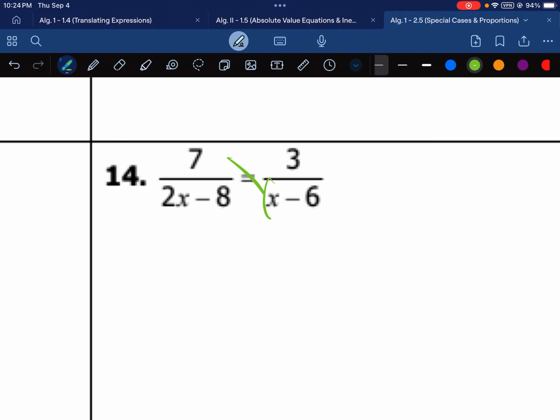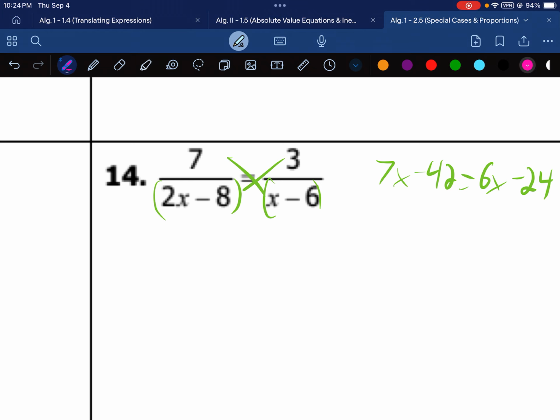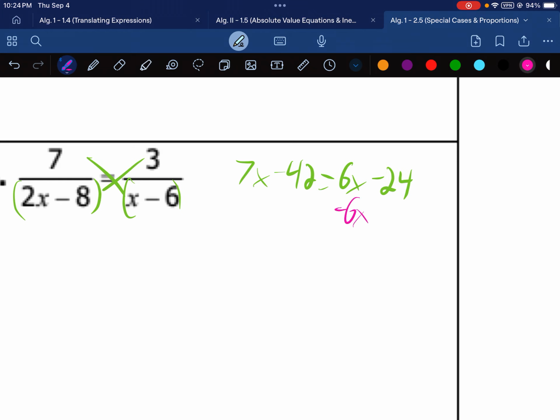Number 14, diagonally 7 times x minus 6 is 7x minus 42. The other diagonal gives us 6x minus 24. From there, I'm going to subtract 6x from both sides and get x minus 42 equals negative 24. Adding 42 to both sides, I get x equals 18.